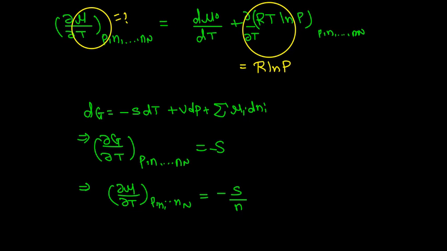So I can use this information to find out the enthalpy of my ideal gas, enthalpy of my system. I have the relationship of H in terms of different quantities as G minus TS, and I can write this as molar enthalpy equals μ minus T times molar entropy.